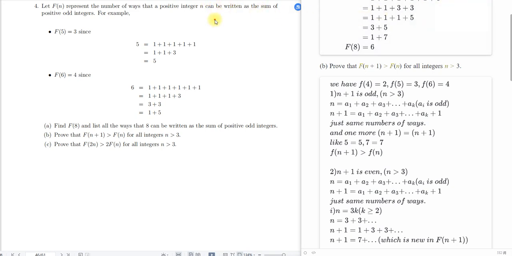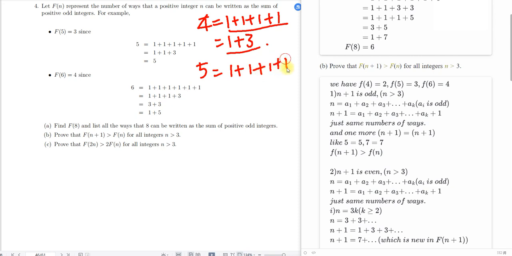So we explain it more specifically. Since 4 equals 1 plus 1 plus 1 plus 1 equals 1 plus 3, for 5 we add 1 to both of these. So the first one becomes 1 plus 1 plus 1 plus 1 plus 1 and the second one 1 plus 3 plus 1, and the last one is 5 equals 5.